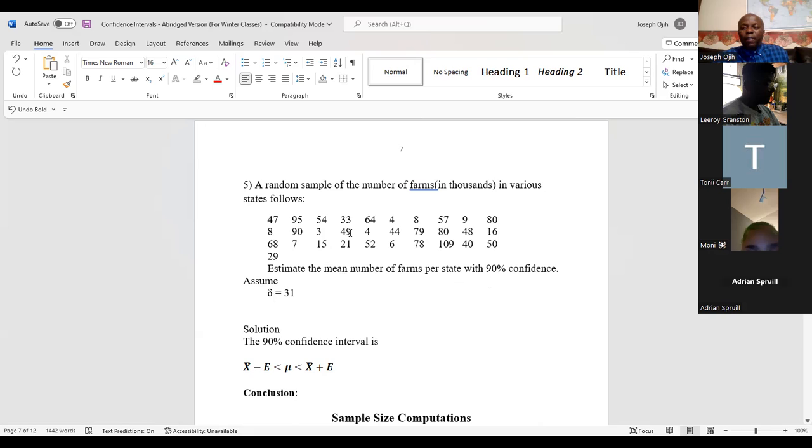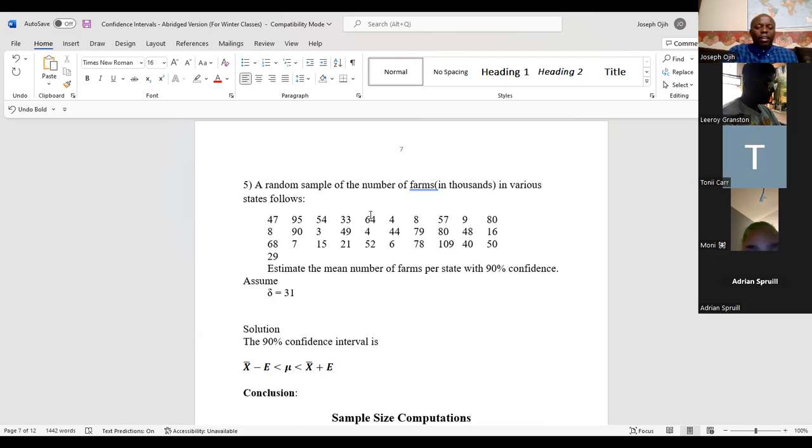I think your Excel assignment 5 has a question like this. They didn't give you the mean, so you have to calculate the mean and the standard deviation by yourself, and then use them to do the same thing I just did in the other example.